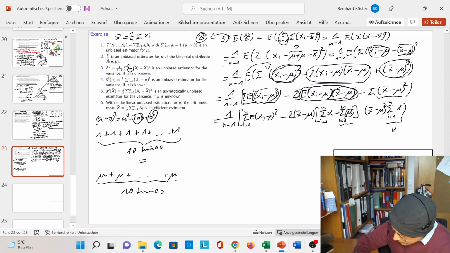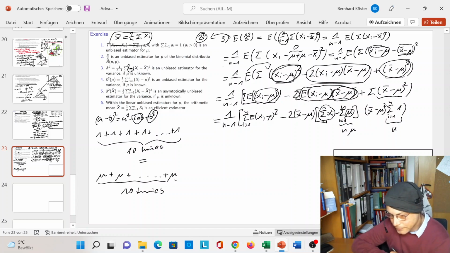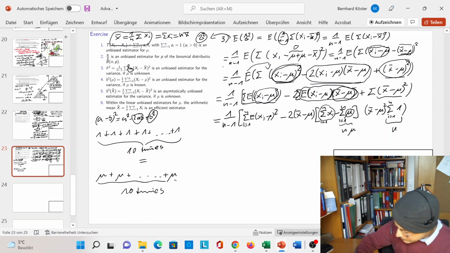So this equals n mu. And this one, sum over all xi, look it up here. This equals, of course, sum over xi is n times x bar. So at this point, we obtain n times x bar.